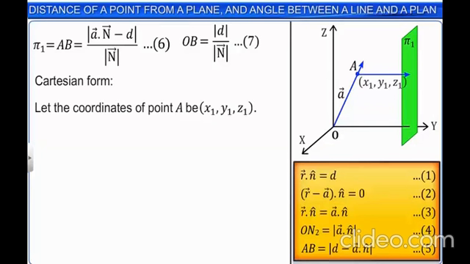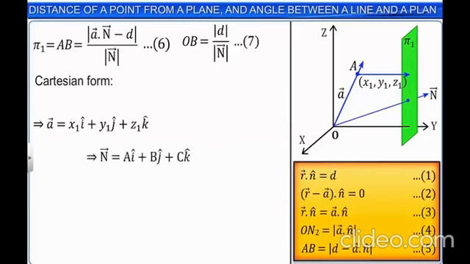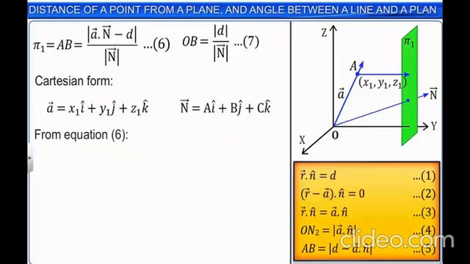Similarly, if the equation of plane pi1 is given in Cartesian form, the normal vector n to the plane can be written as shown. Substituting the values of position vector A and normal vector n in equation 6, we get equation 8 that gives the perpendicular distance of point A from plane pi1.